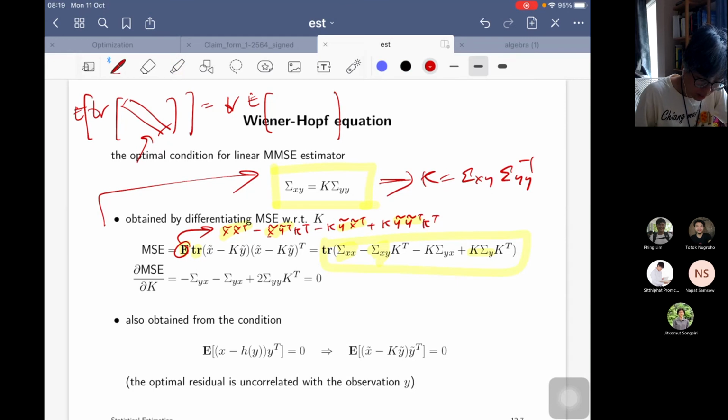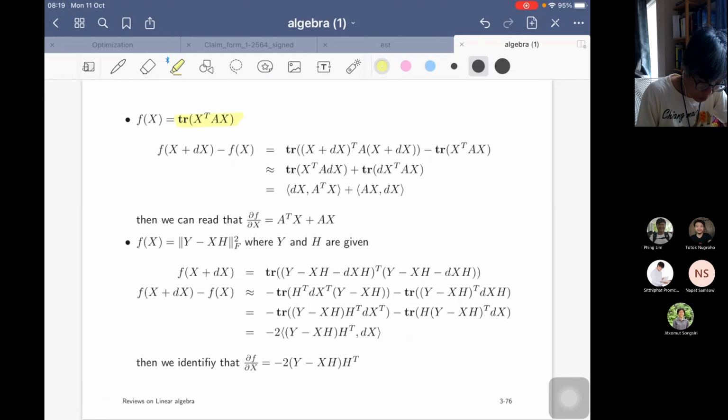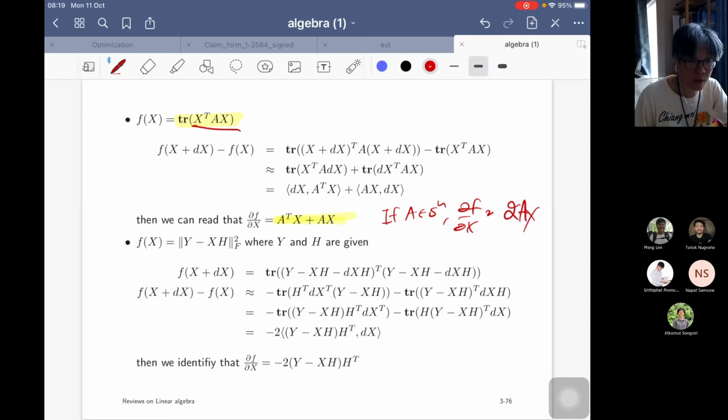This is a function of a matrix, so when you take the first derivative, just use the known results. For example, if a function is linear in X, trace of A transpose X, the derivative is A. When you have a function that is quadratic in X, the derivative is A transpose X plus AX. If A is symmetric, the first derivative is 2AX.